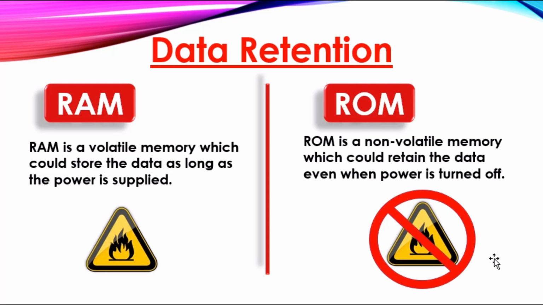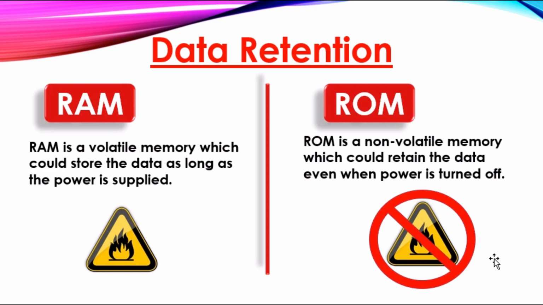For the ROM, ROM is a non-volatile memory which could retain the data even when the power is turned off. This is why it is advisable to install the UPS for our PCs, that is the uninterrupted power supplies or power systems, because the RAM is a volatile memory.